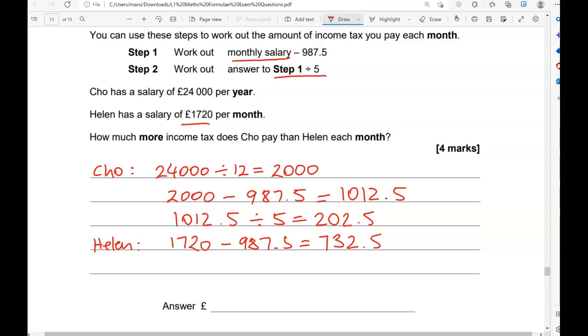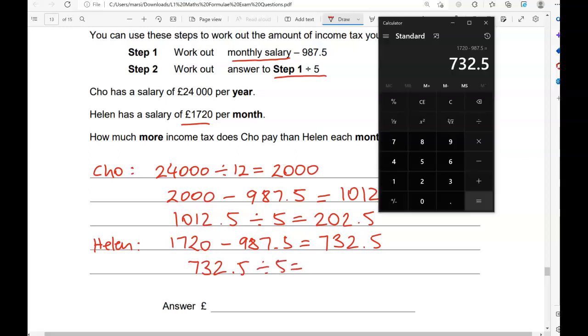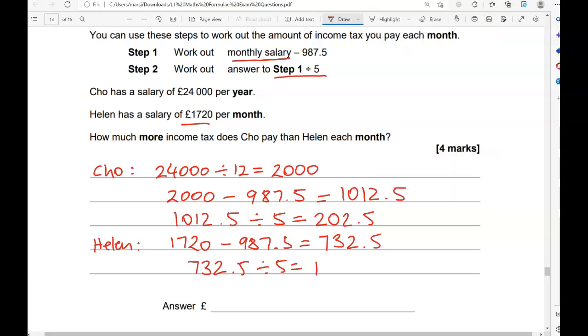Now we're going to divide that by 5. So 732.5 divided by 5. I've got that answer here, so I'm just going to divide by 5. 146.5.